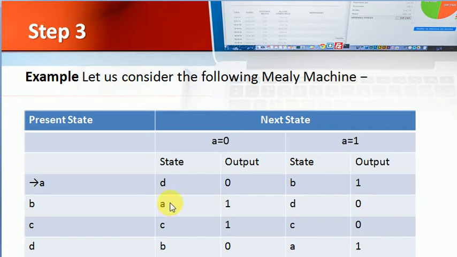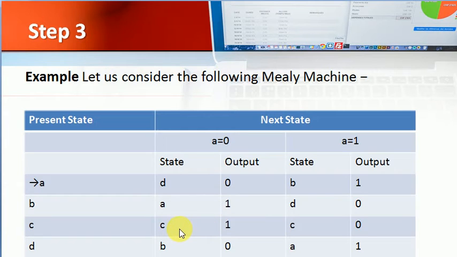Firstly, we will check here the output related to the states. Firstly, we will check for A. A gives the output 1 here and also 1 here. Okay, so we'll do nothing with it. Now we will see B. B is giving output 0 here and B is giving output 1 here. So we have to break it into two states.